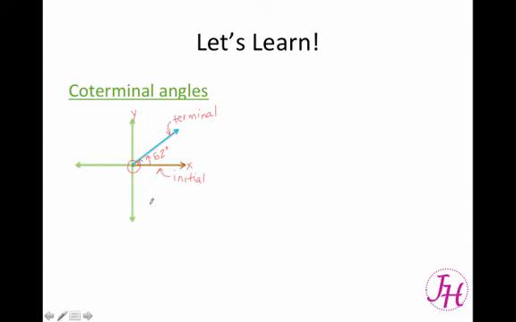What is the measure of that angle? Well, one full rotation was 360 degrees plus the 52 degrees that we continued going up. So one coterminal angle in this case is 412 degrees.